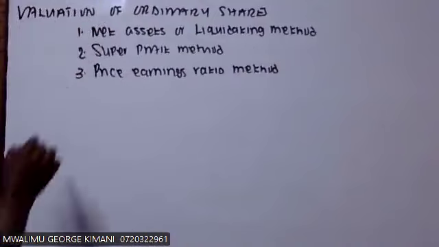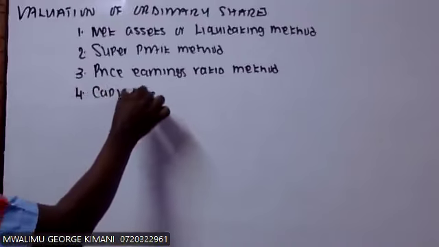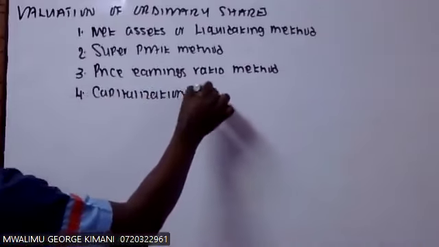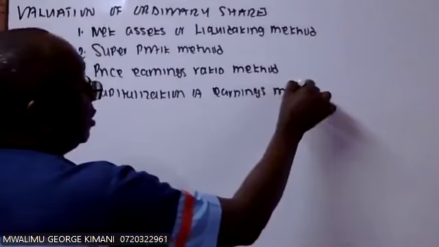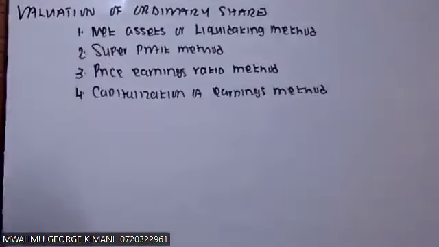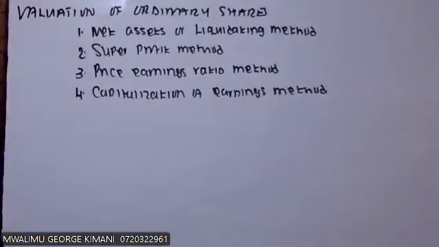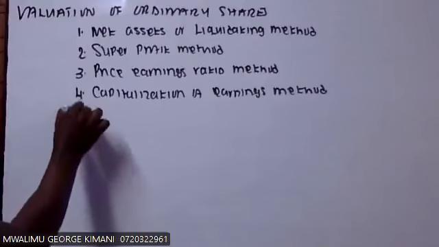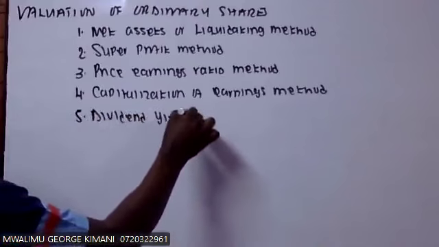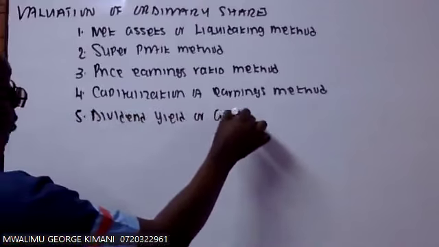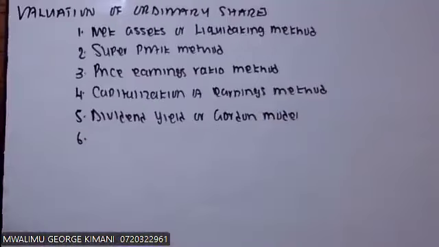Another one is capitalization of earnings method. Another one is dividend yield or Gordon model.